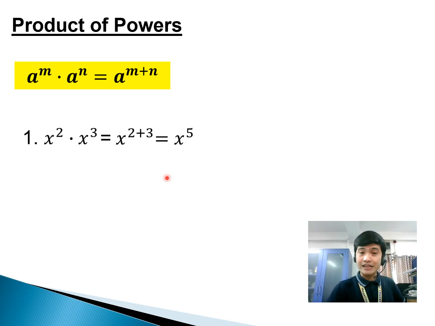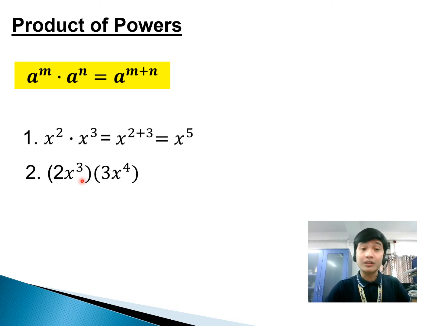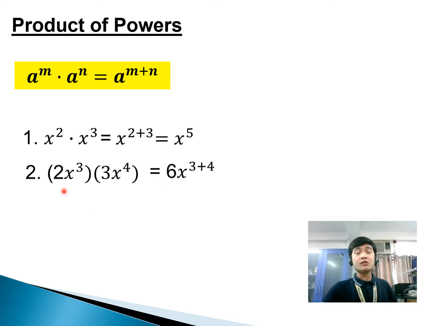Let's have the second example. We have here quantity 2x cubed multiplied to 3x raised to the 4th power. So applying the rule, we just simply multiply 2 and 3, kasi multiplication naman. 2 times 3, you have 6. And then x raised to 3 times x raised to 4, application ulit ng product rule.